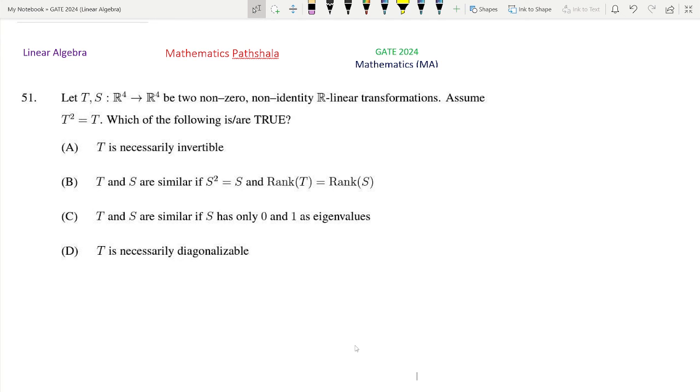So now see option A. We are given T square equal to T, only this, and T, S both are non-zero linear transformations. Then option A says that T is necessarily invertible. So if we take simply T equal to the matrix 1 0 0 0, then clearly T square will be equal to T. This is very easy to verify.